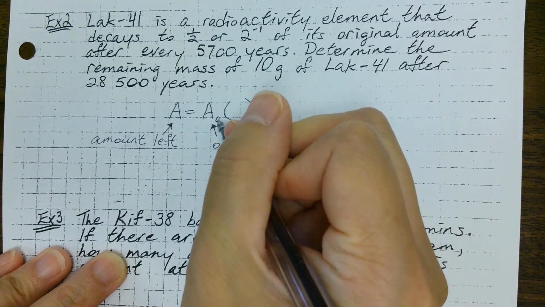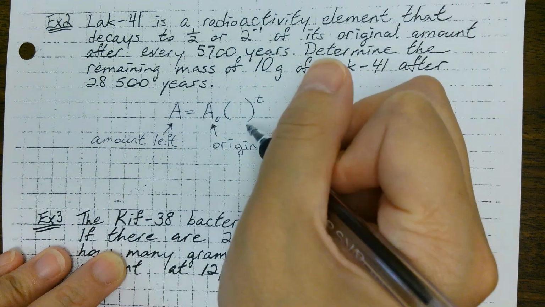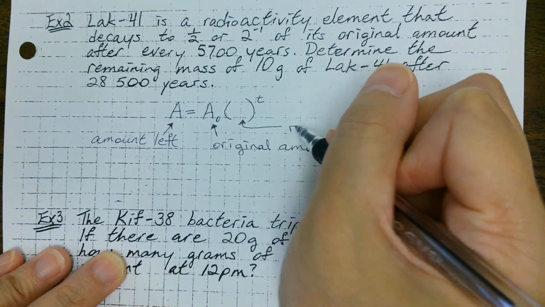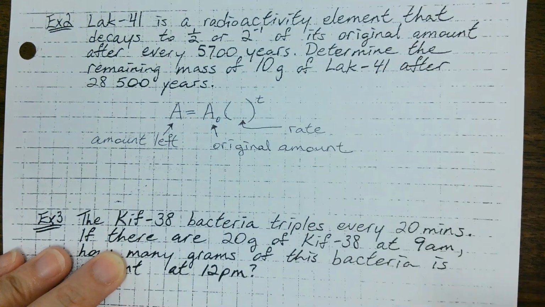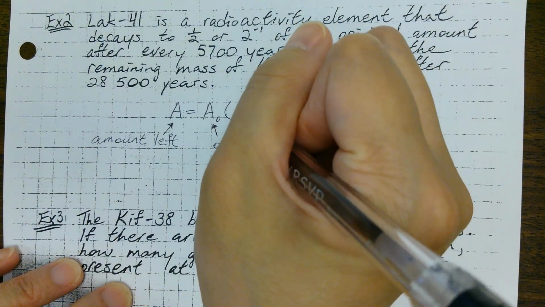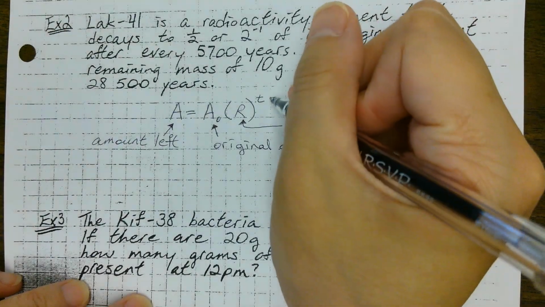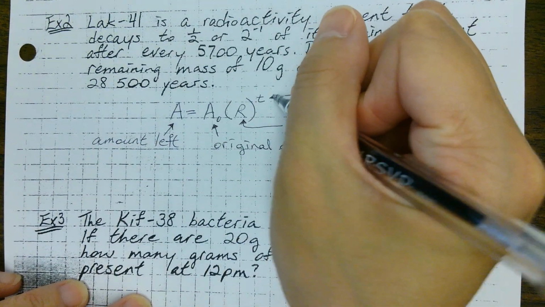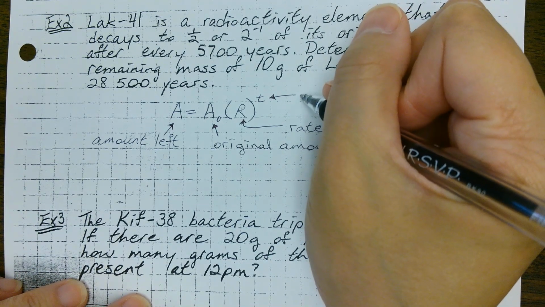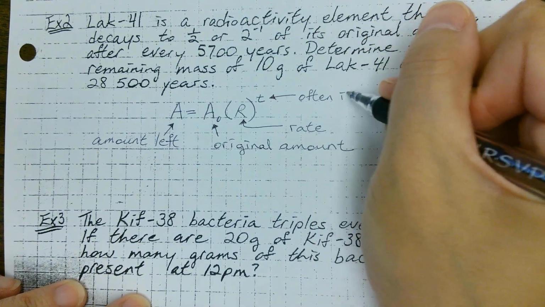So that's what this O is, the original. All right. This right here is like the rate of how fast or how slow it decays. I guess you could put an R here if you want for rate. And then this is how often it changes. So the time of how often it changes.